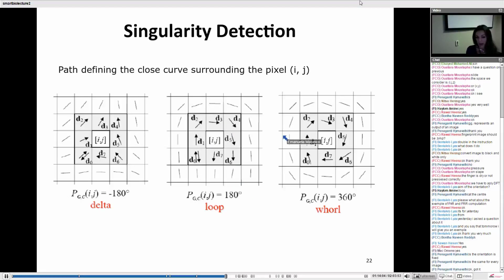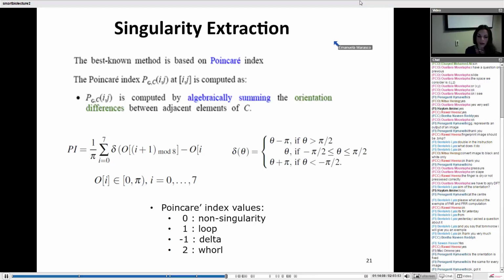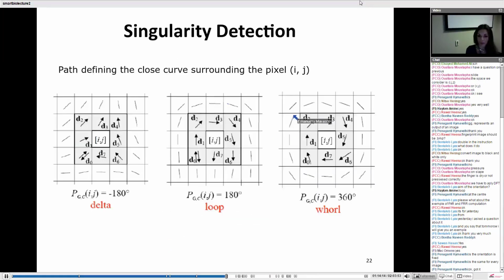Because if we sum these differences, D2 minus D3, D3 minus D4, and then divide by P3, we obtain 1. And if we remember the value, 1 is for a loop. So in that pixel, we have a loop.